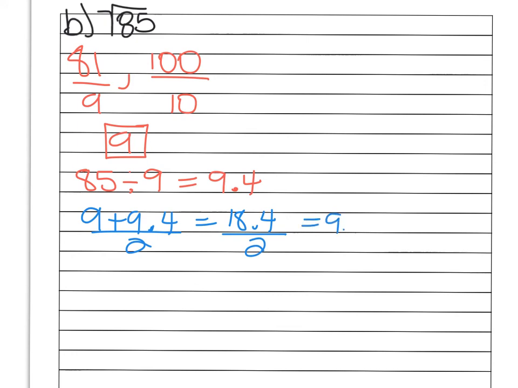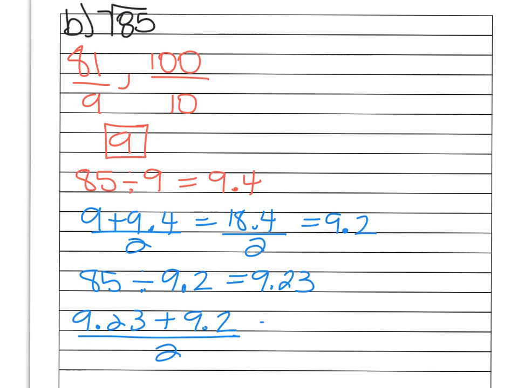I get 9.2. Then I'm going to take 85 and divide that by my average that I found, which is 9.2, and I get 9.23.